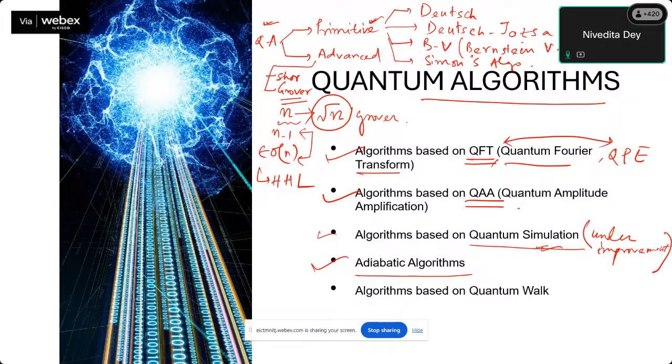Now you might be asking: that is in terms of temperature, in terms of physics, but in computing or algorithms, what do we mean by that? This is actually used by D-Wave, a Canadian quantum computing company.